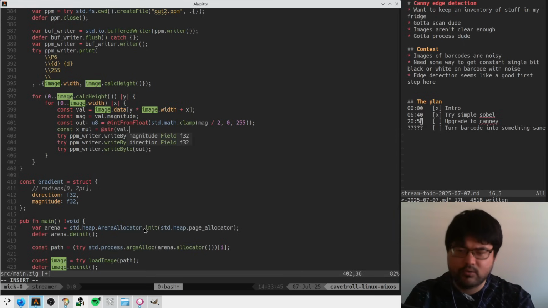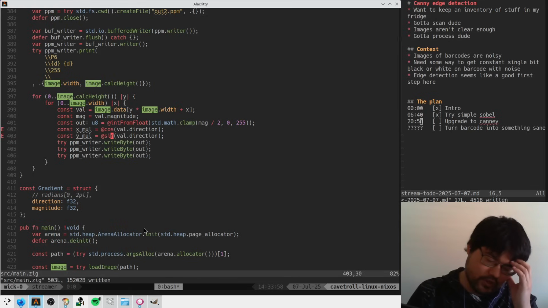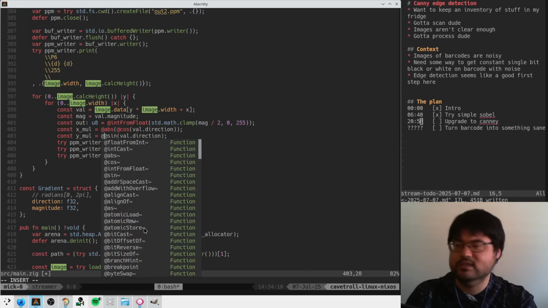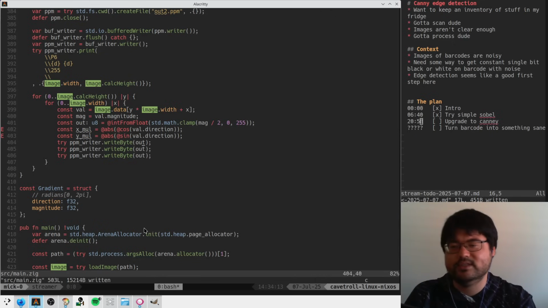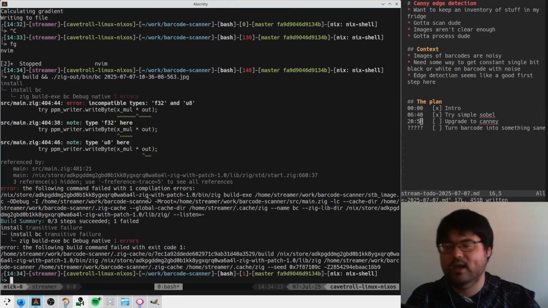No, cosine of the angle, and this is sine of the angle. And then what would be great is, can we visualize all 4 directions easily? We have 3 channels, so we could just do the magnitude of this. I think that's the easiest thing to do. And then it's x mul times out here, y mul times out, and 0. So that should give us red and green.